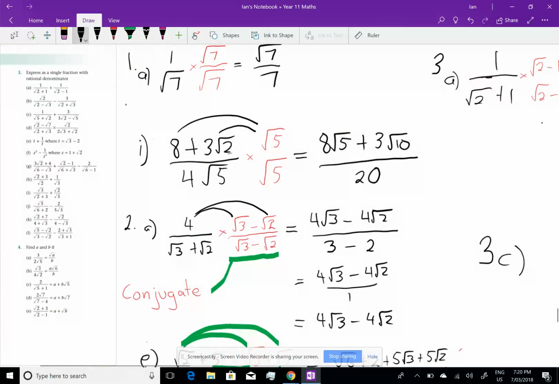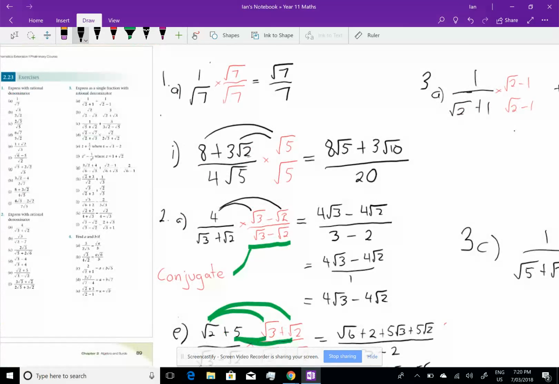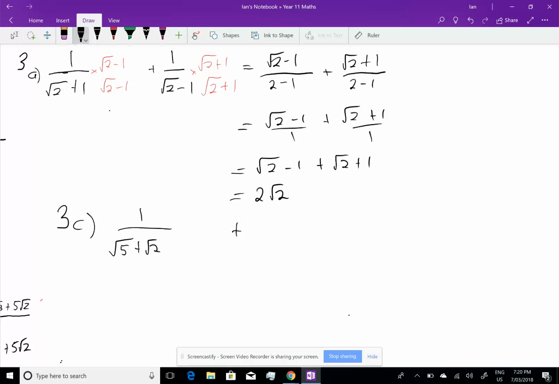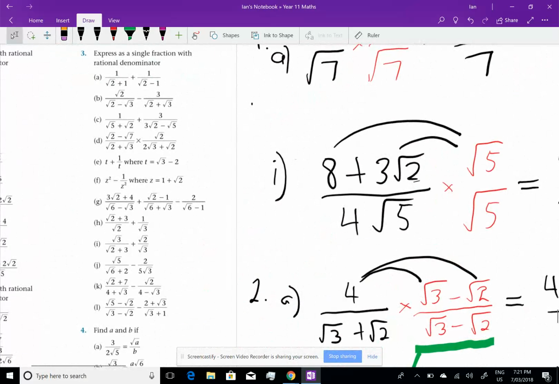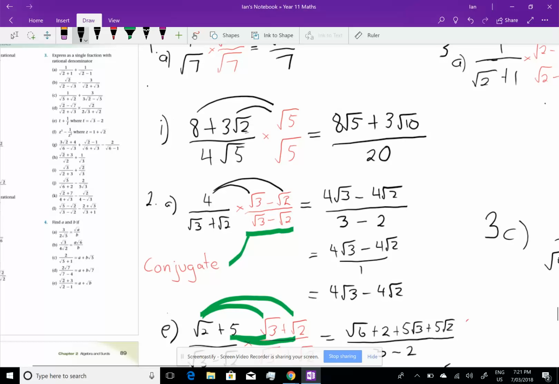And what happens in 3c? I get 1 on root 5 plus root 2. Leave a gap. And I get 3 on 3 root 2 minus root 5, sorry, 3 on 3 root 2 minus root 5.